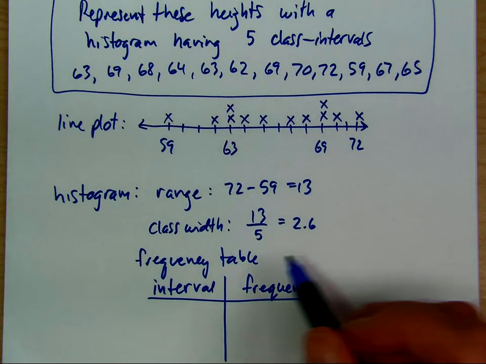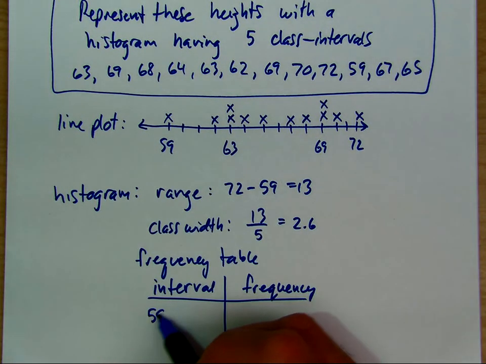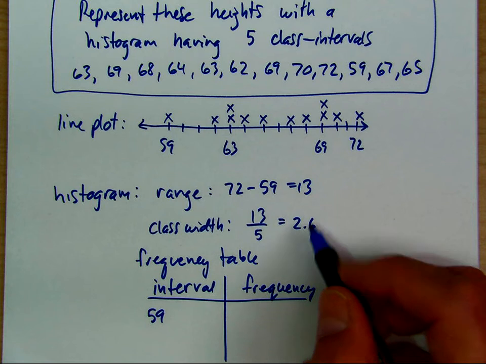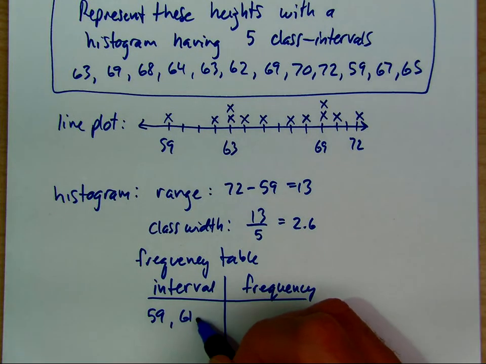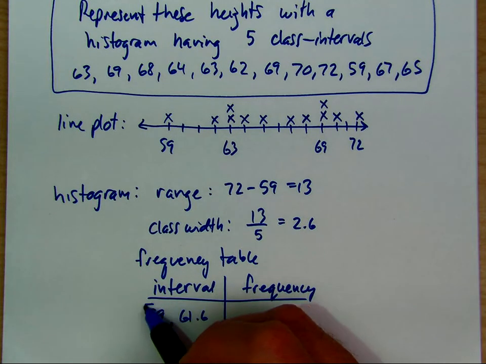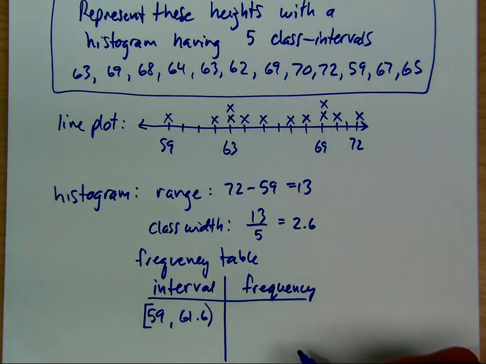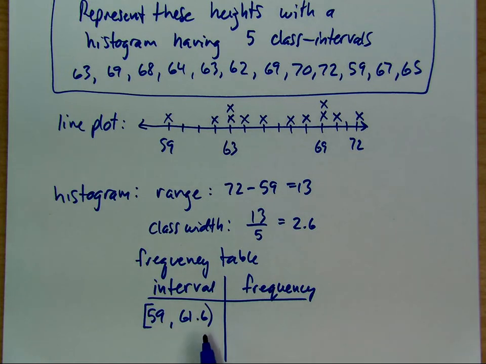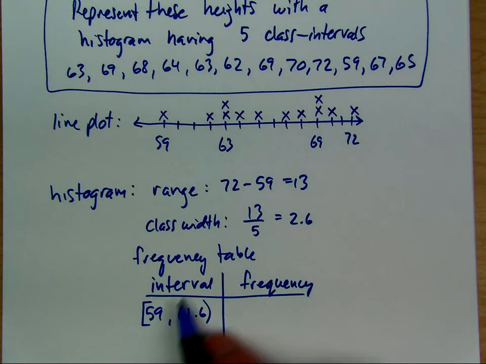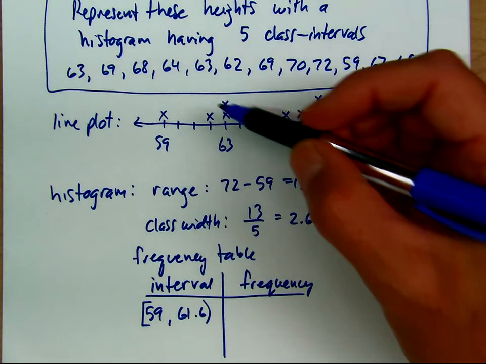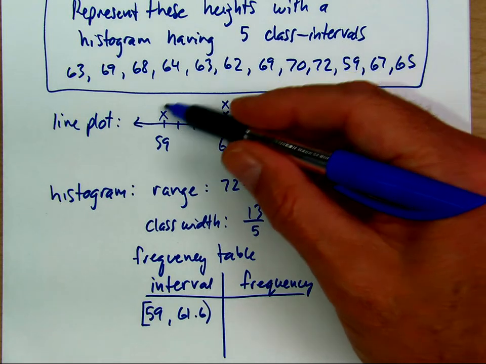So we start from the lowest value, and then we add 2.6 to it, 61.6. We're going to include the 59, but not include the 61.6. And then we count how many heights are in this interval. So that's going to be 59, and then there's 61, so there's only one value there.